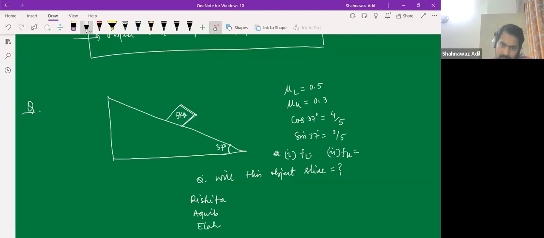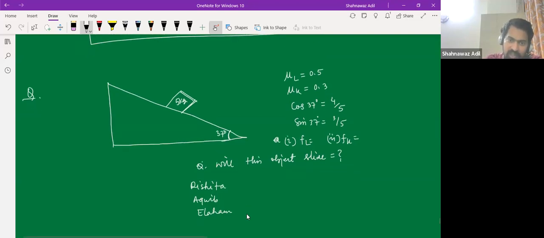So I got FL and FK values. So what did you get, Akif? For FL 25 Newton, FK 15 Newton. 25 Newton again? Yes, sir. So remember, this is an inclined plane. Sir, the normal will be upward side.